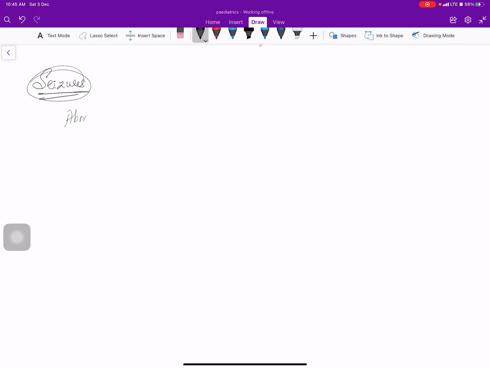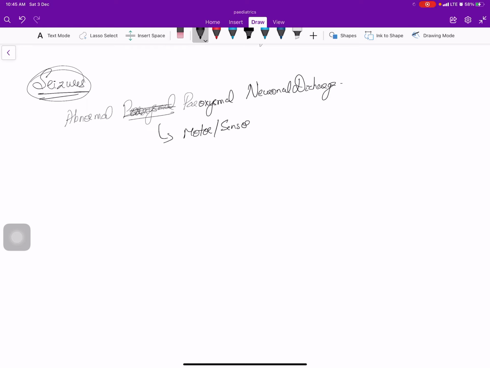Again, abnormal paroxysmal neuronal activity or neuronal discharge, which manifests as motor, sensory, behavior, or autonomic dysfunction. This is the definition of seizure.